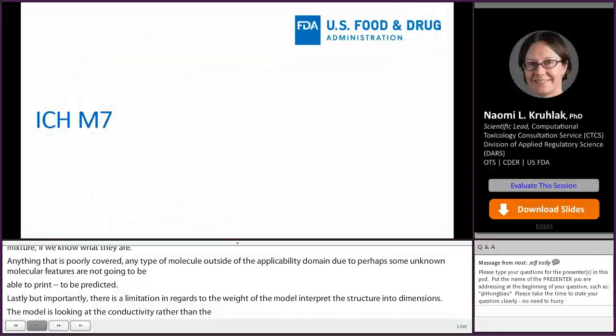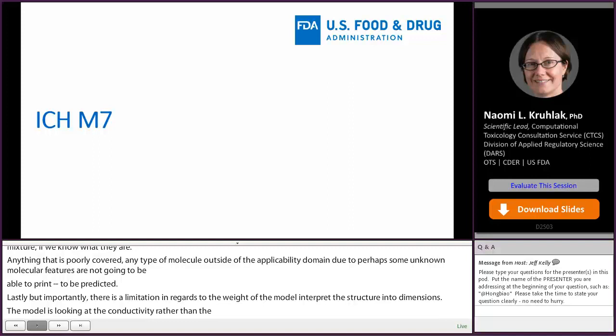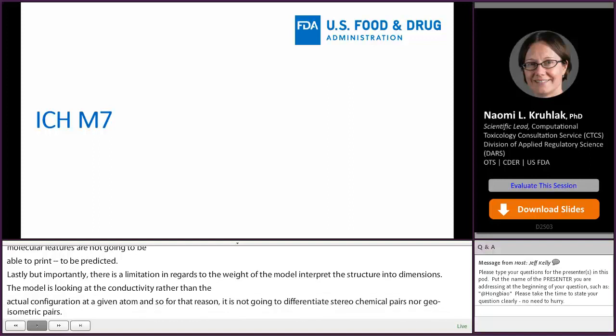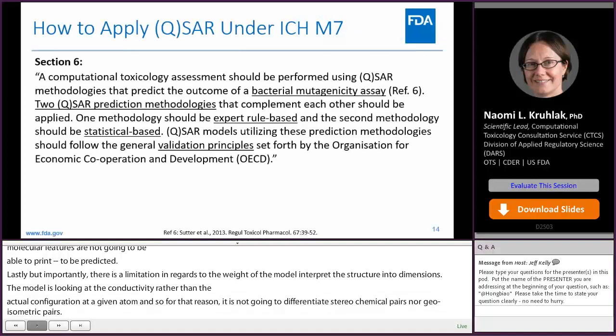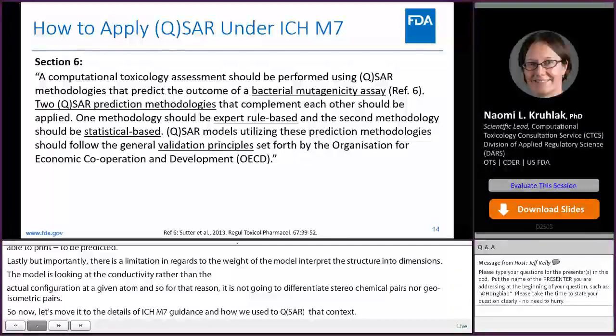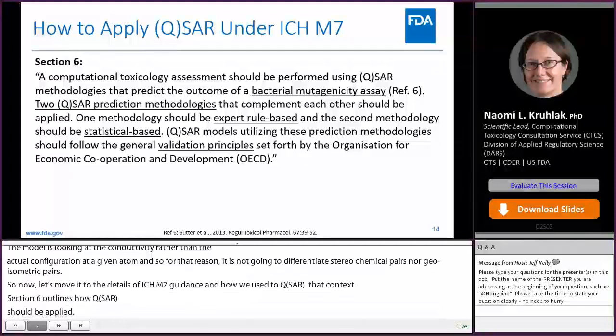So now let's move into the details of the ICH M7 guidance and how we use QSAR in that context. Section 6 outlines how QSAR should be applied. It states that the models that are being used should be predictive of the outcome of the bacterial mutagenicity assay, so the Ames assay. 2 prediction methodologies should be used.